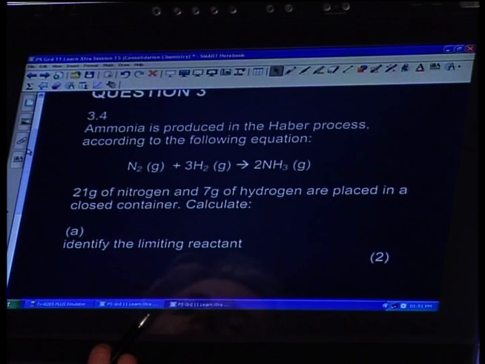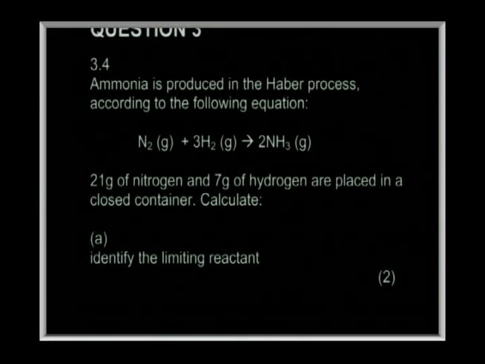Right. So ammonia is produced in the Haber process according to the following equation. So we take nitrogen, we add hydrogen, and under certain conditions, and it really has to be under certain conditions, we get NH3, which is ammonia. Now, ammonia is a very important compound. It's used in a lot of cleaning agents, so it's something that's well worth our while to make.